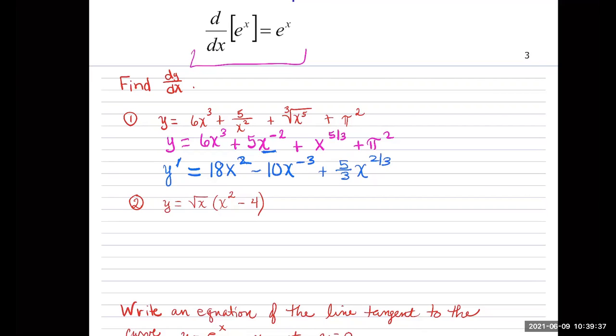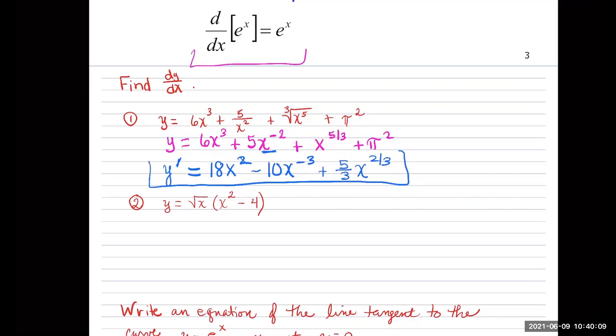And the derivative of the last term, when I take the derivative of pi squared, what would I get? Now the derivative of x squared would be 2x. That's true. But notice that pi squared is a constant. And the derivative of every constant is 0.